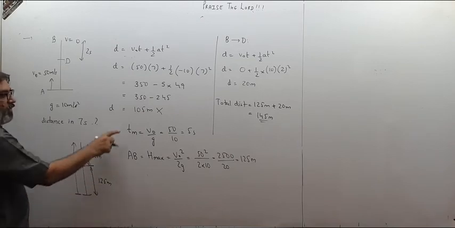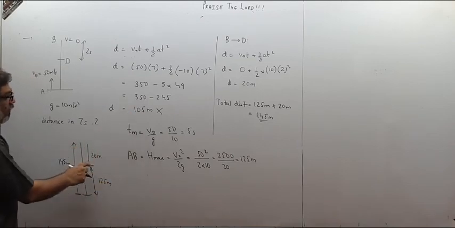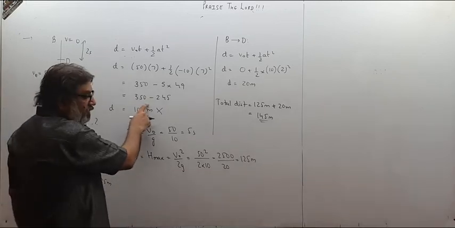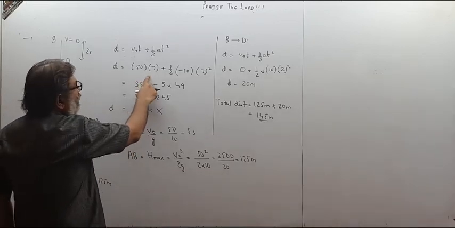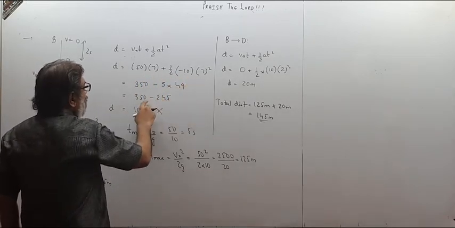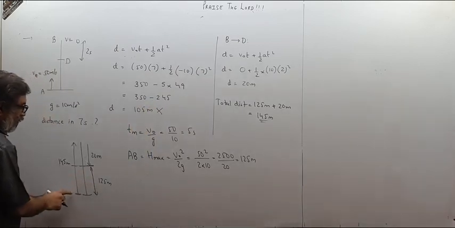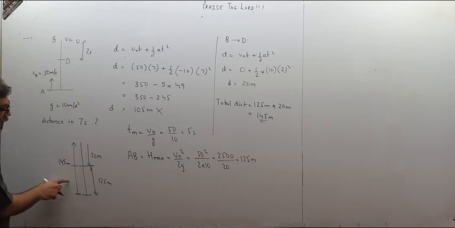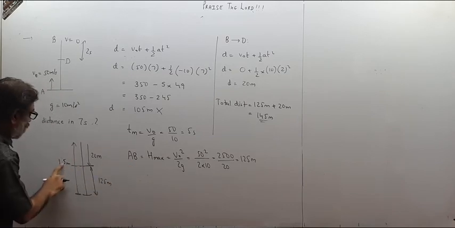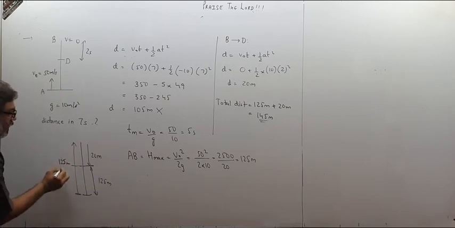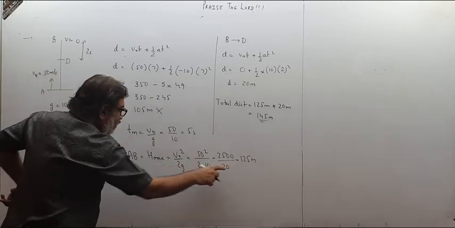How much is it coming out? 120? This is mistaken or what? 350 and 5 into 49, 105. Okay. So this was 125, sorry. This was 125 meter maximum height.